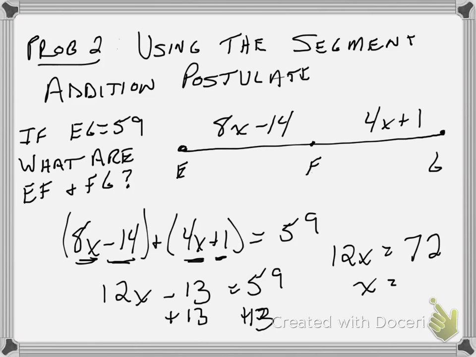Divide by 12, and x equals 6. To finish the problem off, you want to go ahead and take the 6 and plug it back in for EF first, and then into FG to solve the problem.